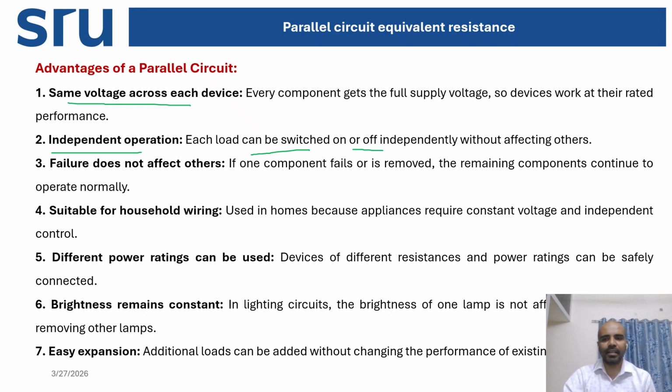Each circuit element can operate independently without affecting the others, so a failure does not affect others. If one circuit element fails or is not working, the other circuit elements will work normally, because the voltage drop across each circuit element is the supply voltage.